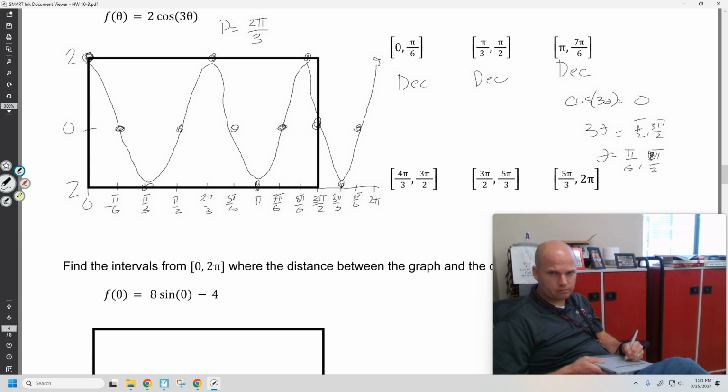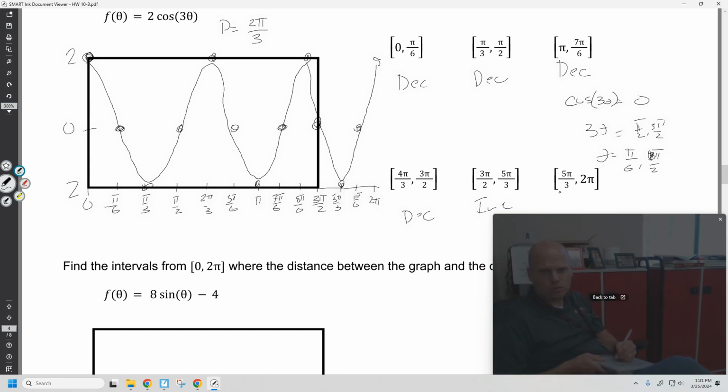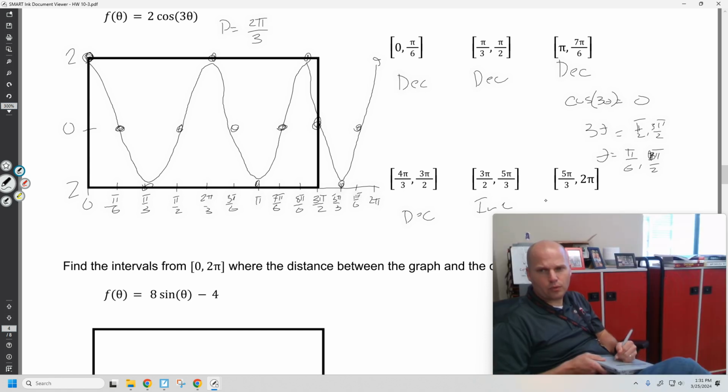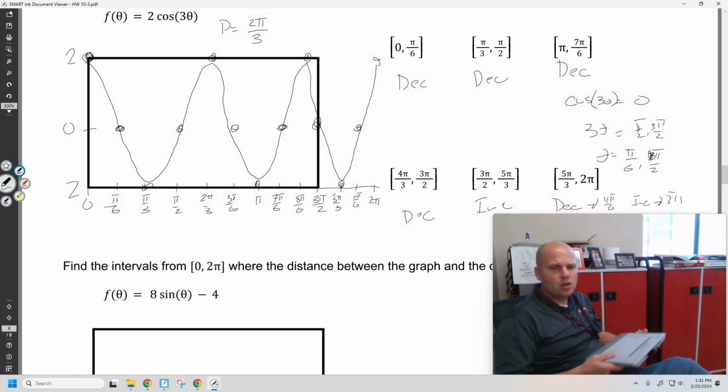That's 4 pi over 3. 4 pi over 3 to 3 pi over 2, decreasing. 3 pi over 2 to 5 pi over 3, we got an increasing. We have negative radiuses that are getting more negative, getting away. 5 pi over 3 to 2 pi, it's decreasing until 11 pi over 6, and then it's increasing from 11 pi over 6 to 2 pi.